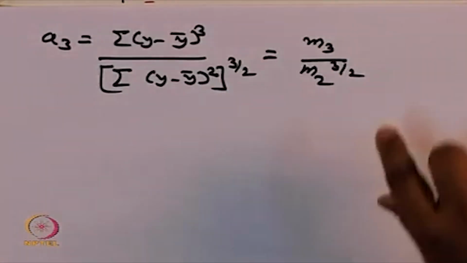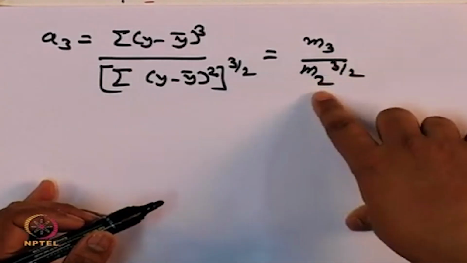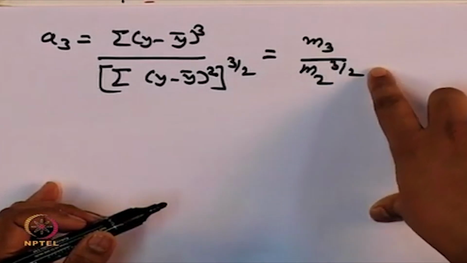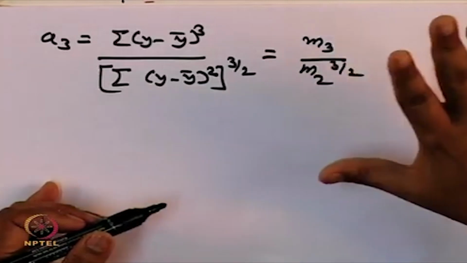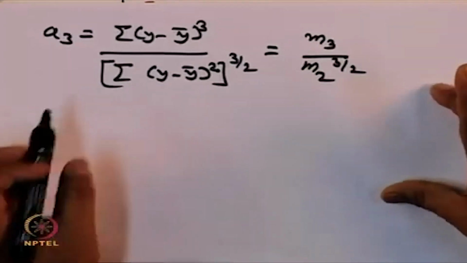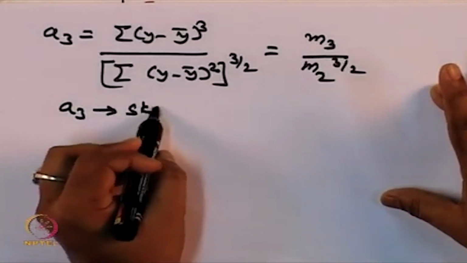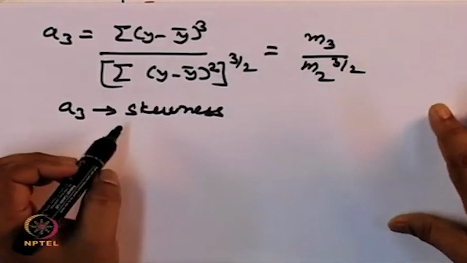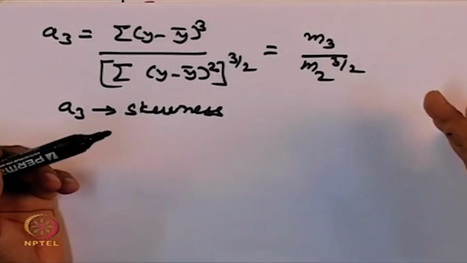As you can clearly see, m3 will have units of meter cubed, m2 will have units of meter square, and whole to the power 3 by 2 will give units of meter cubed, and this is after all a dimensionless number. So this parameter A3 is called skewness. For any distribution, as is obvious from the word skew itself.